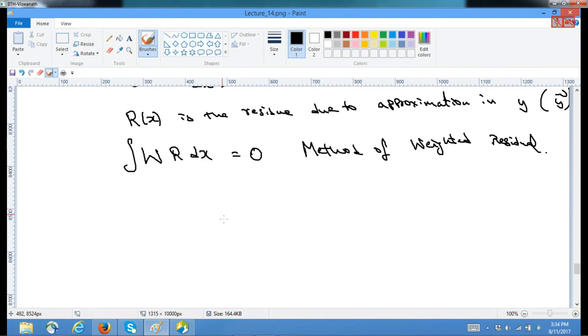So what we do here is we will go with the Galerkin method, but even before that, let me assume my weight as capital W, or V, and my R is defined as d square by dx2 of EI d square y tilde by dx2.